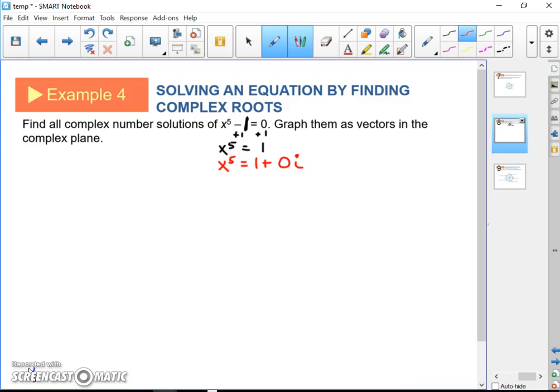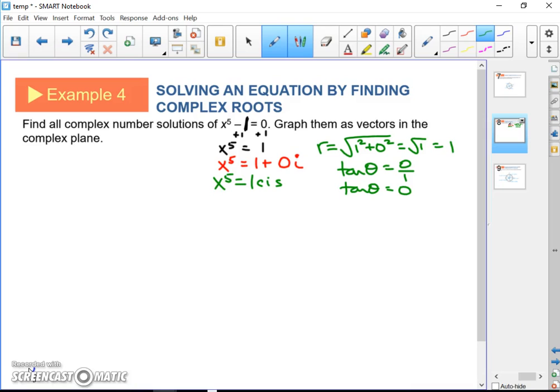Let's put this in polar form so we can use the nth root theorem. If I want polar form, then I need r and theta. r is going to be the square root of 1 squared plus 0 squared. Square root of 1 is 1. As for theta, I have tangent theta equals y over x, or tangent theta equals 0.